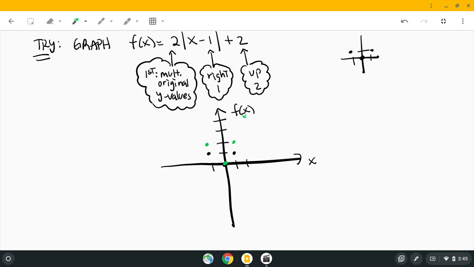This one over here, right 1, up 2. That's why it's good to use X marks. And this one, right 1, up 2. So these 3 little X marks are my new graph.